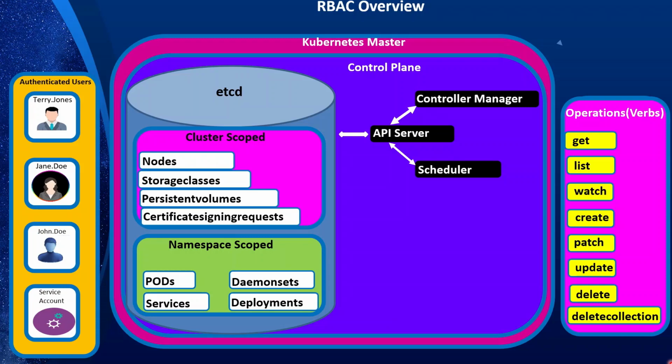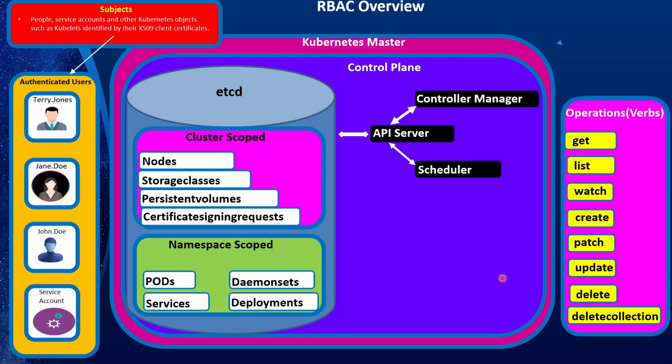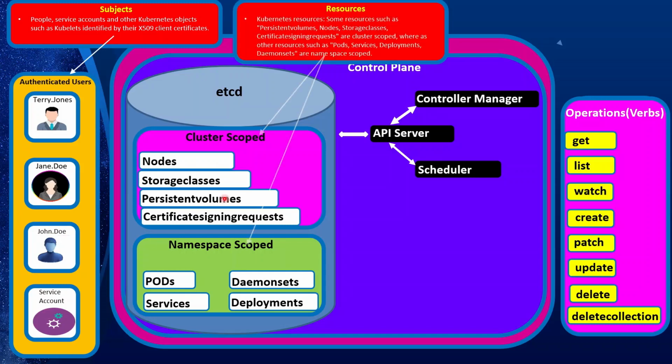RBAC, or role-based access control, consists of 3 tenants. The first one is subjects. Subjects could be people like Terry Jones, or could be a service account of a pod. The next tenant is resources. These are the resources we want to give these people access to. There are 2 types of resources. The first one is cluster scope.